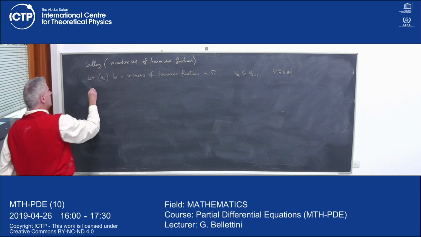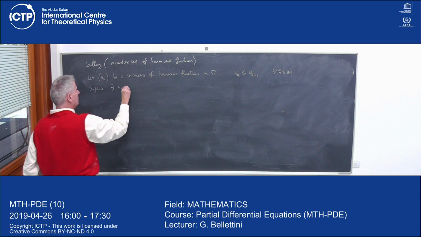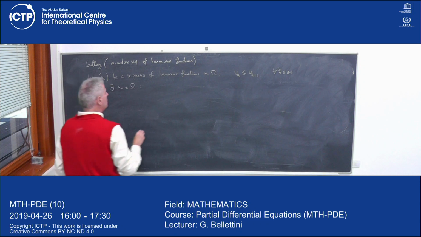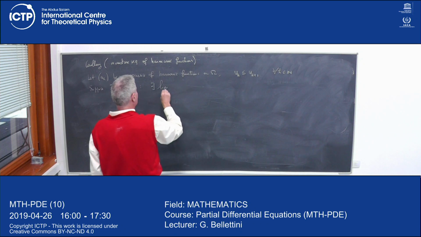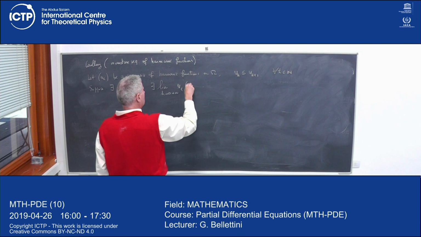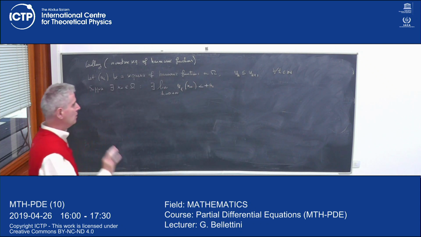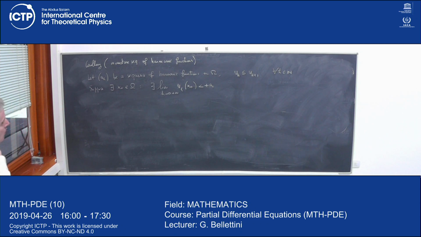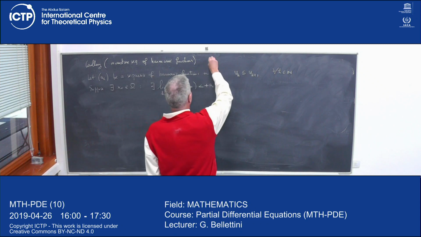Suppose that there is one point such that the limit exists, say, and is finite. Just this. Now take omega open bounded.